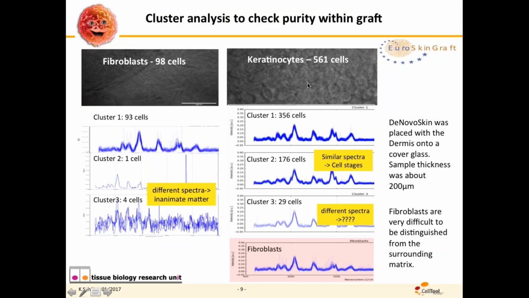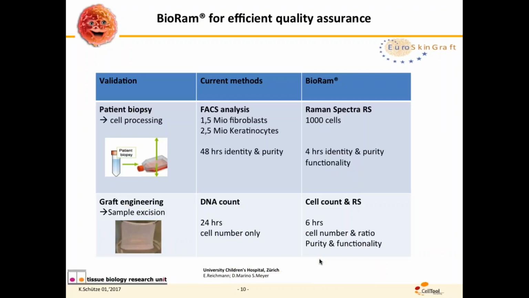And when we looked again, we saw that the fibroblasts, in this case, were really sneaking through the surface of keratinocytes. So we could identify the area where we had fibroblasts. But this, of course, is no contamination, and we could go further on, and they can use the system now further for the patient.